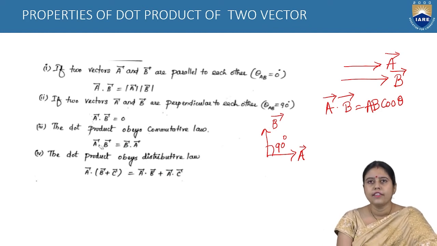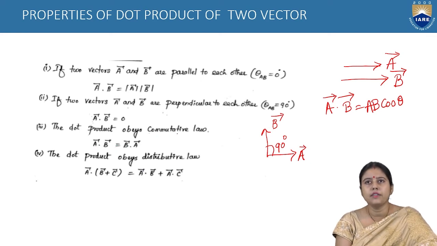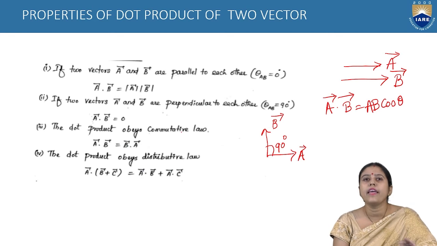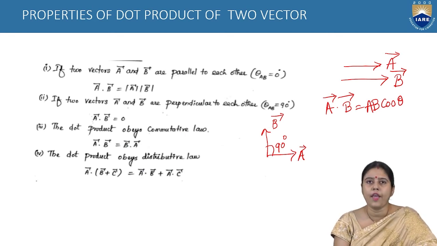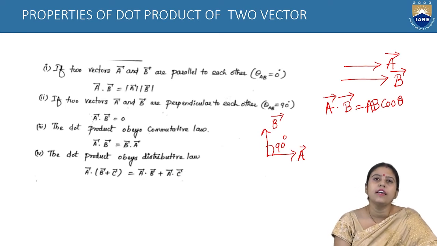Third point, the dot product always obeys the commutative law. What is the meaning? A dot B is equal to B dot A. As the result is a scalar quantity, it doesn't depend on the direction of the vectors.